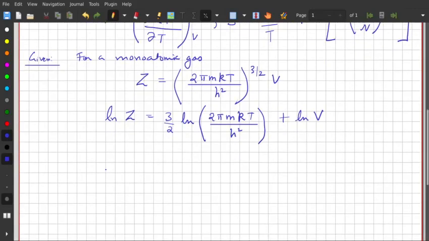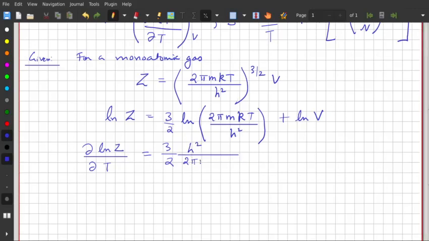And you see, if we differentiate this with respect to temperature, the partial derivative of log Z with respect to temperature is given by 3 halves. The derivative of log is 1 over that thing, so this becomes h squared divided by 2 pi m k T, times the derivative of the argument of the logarithm, which is 2 pi m k by h squared, and the derivative of T with respect to T is 1.